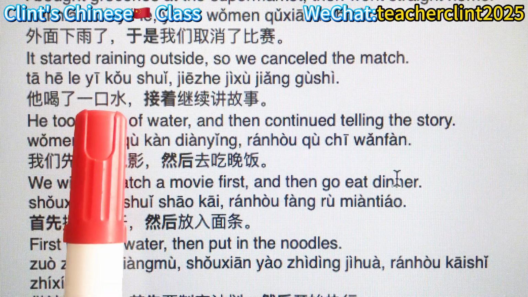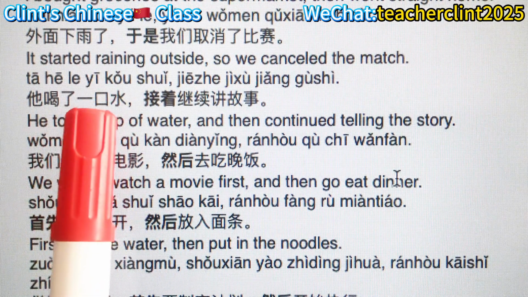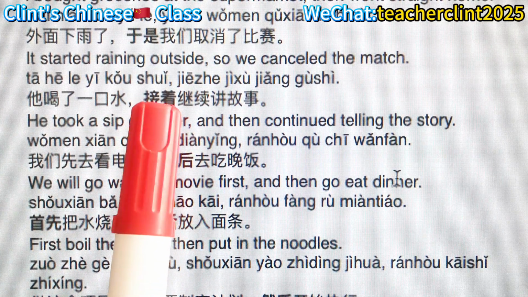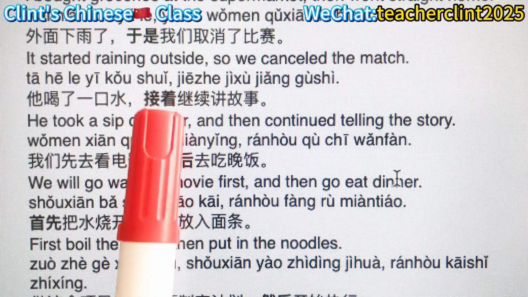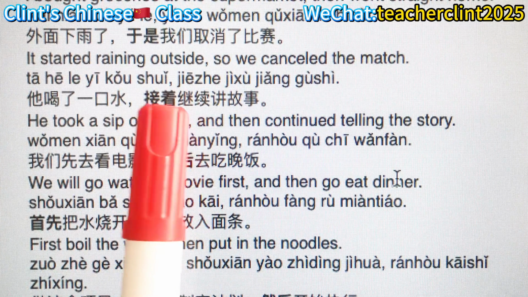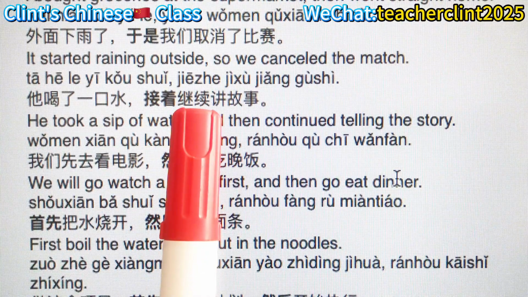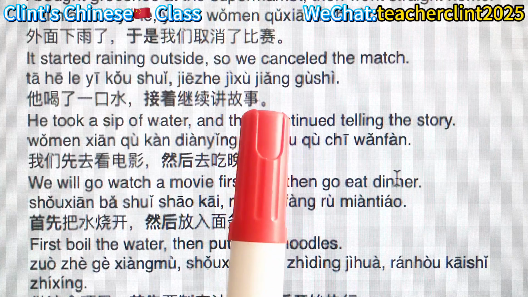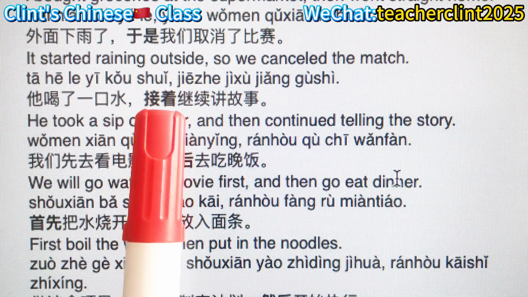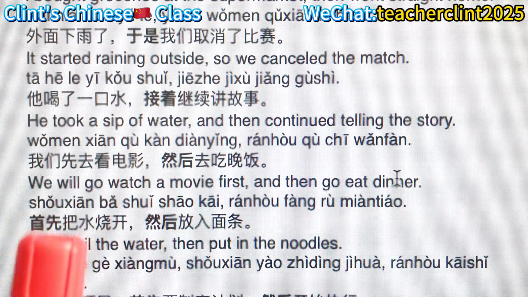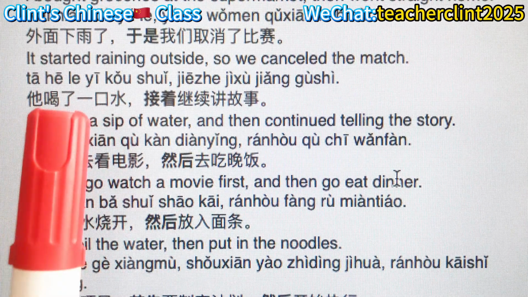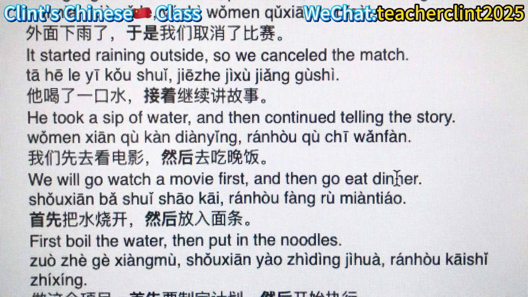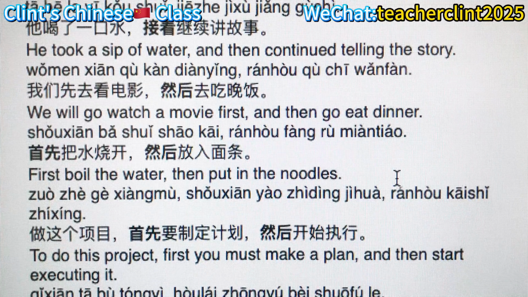So 口 is the measure word for this amount of water, right? 一口水。And then the second clause, we use the conjunction 接着 meaning and then or after that. 继续 continue 讲 the verb tell 故事 story. Again, here we omit the subject in the second clause. But they are showing doing one action and then doing the next action. Show the logic between the two clauses.